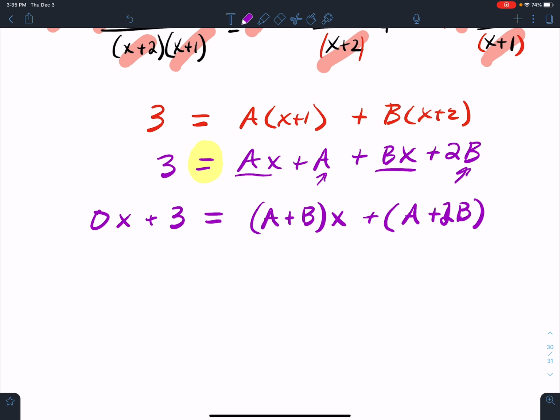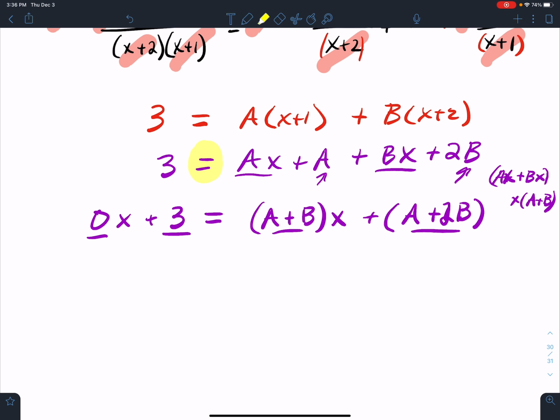So all I did was collect ax and bx together, and then factor an x out of that, okay? So I have the coefficients and the constants there matching up with these here.